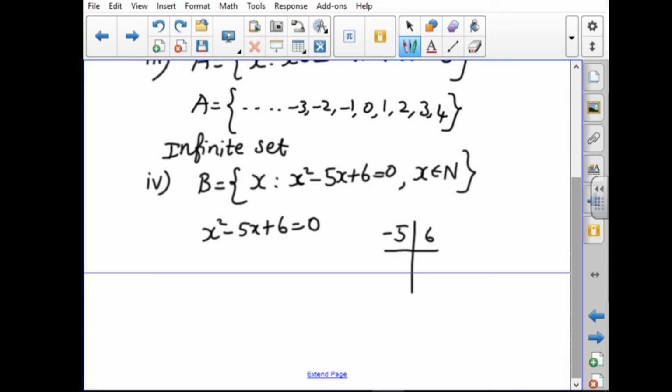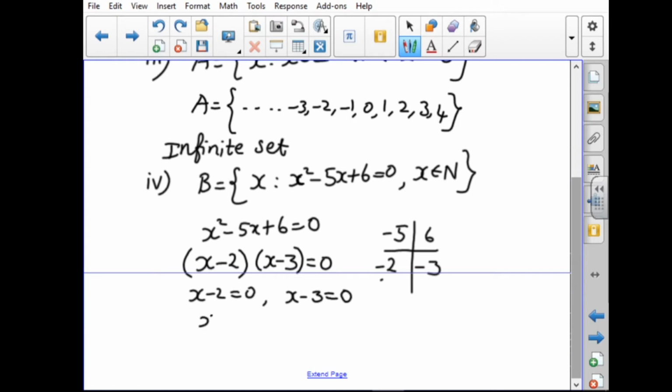What are the possibilities? If you take -2 and -3, multiplying gives plus 6, and adding gives minus 5. Okay, so we can express this as x minus 2 into x minus 3 is equal to 0. That means x minus 2 is equal to 0 and x minus 3 is equal to 0. Therefore, x is equal to 2 and 3.